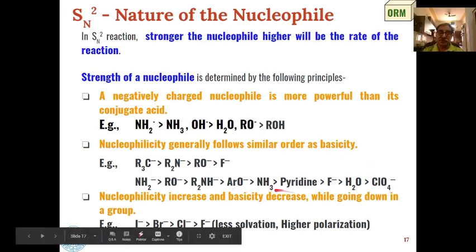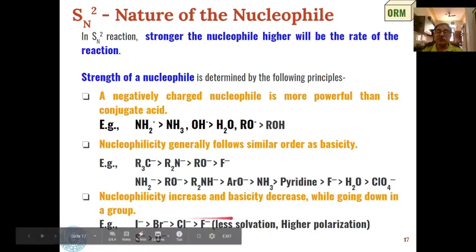Similarly, nucleophilicity increases and basicity decreases while going down a group. That is why iodide is better than bromide, which is better than chloride, which is better than fluoride. This is also due to less solvation and higher polarizability of iodide in comparison to others.